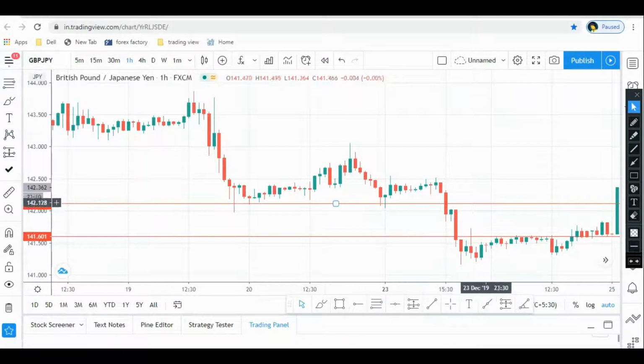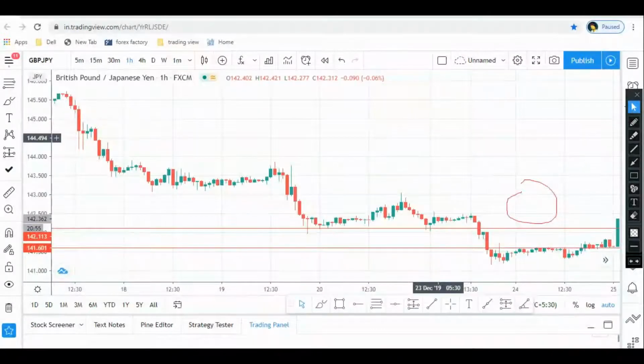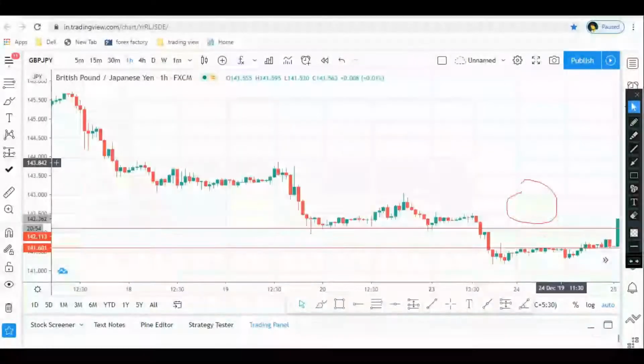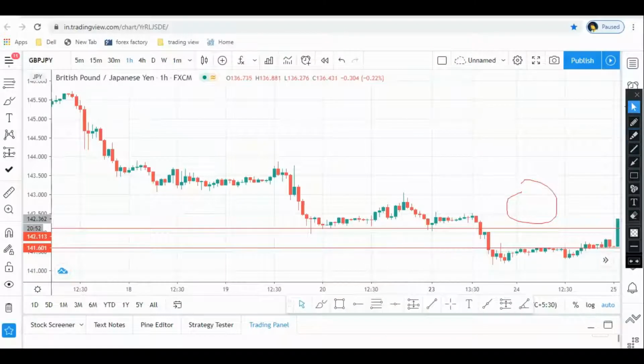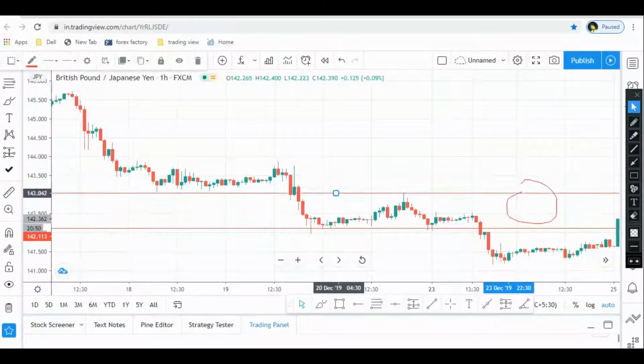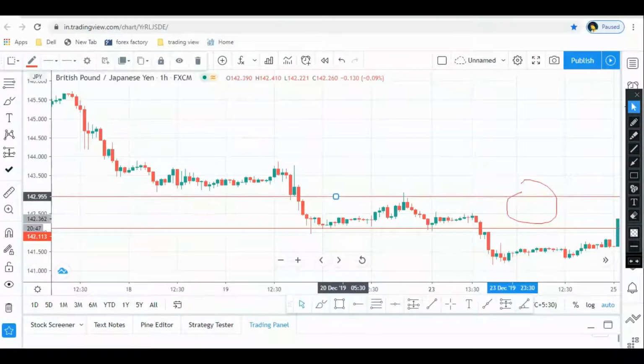So what I will do, I will simply wait until price reaches this area. Once the price reaches this area, I will place my buy order, and this will be my take profit. Let me show you which area I'm talking about. This area.